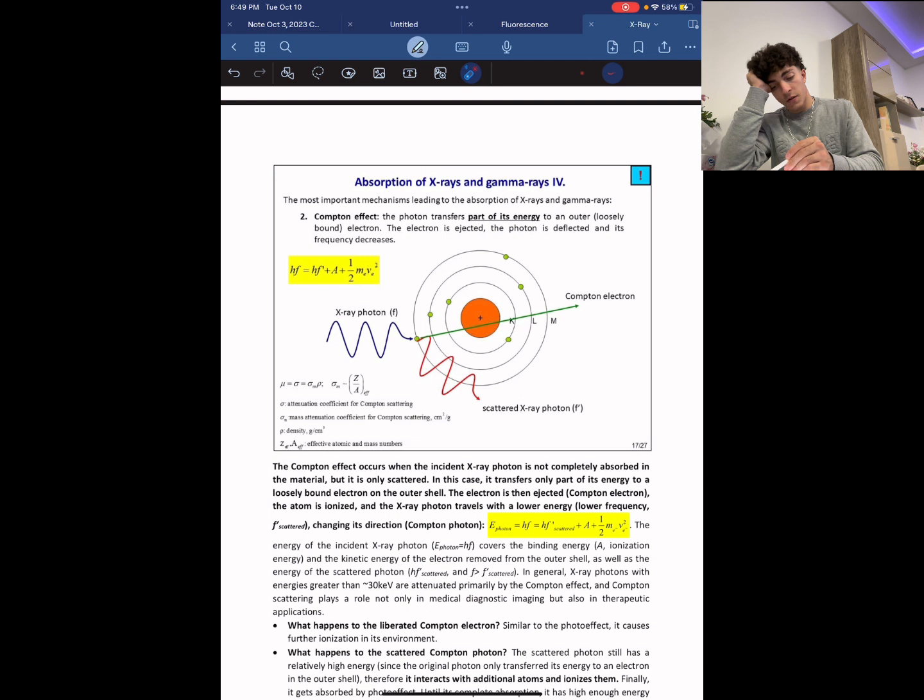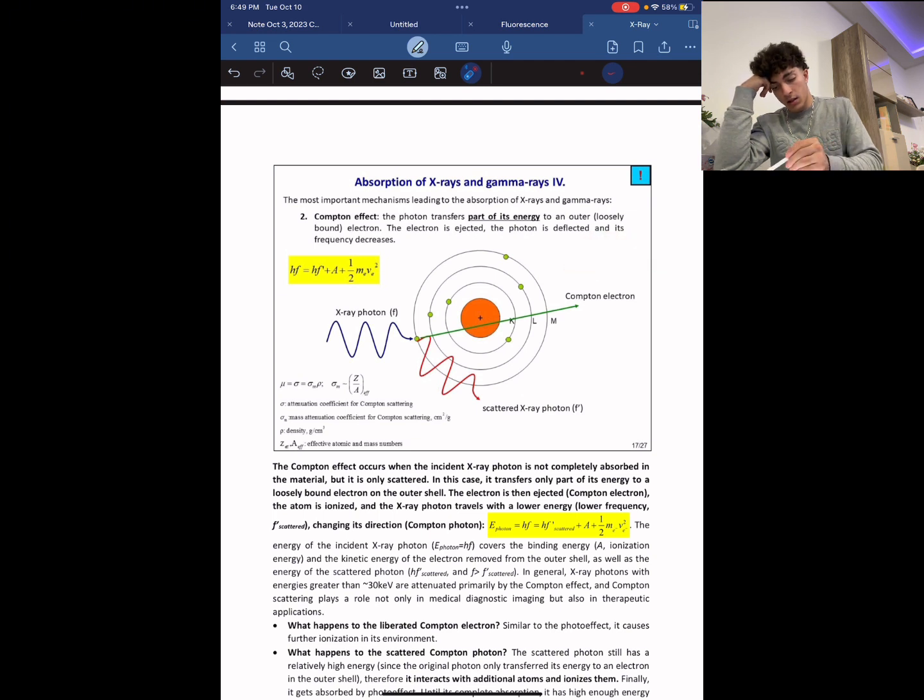So the Compton effect is where it transfers a part of its energy to an outer electron, and the electron is ejected, the photon is deflected, and its frequency decreases. So instead of it maybe being super strong, after it'll be something like this. And goes to the next atom.